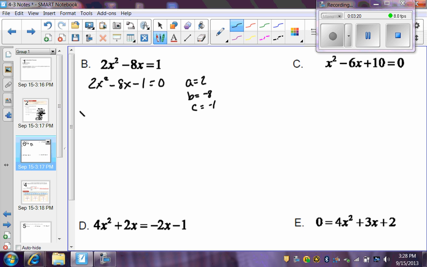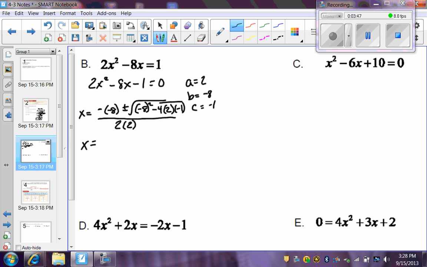So now I have x equals, going through your formula, negative your b, which is negative 8, plus or minus the square root of b squared minus 4 times a times c, all over 2 times a.